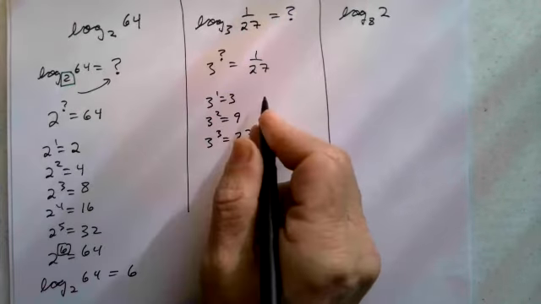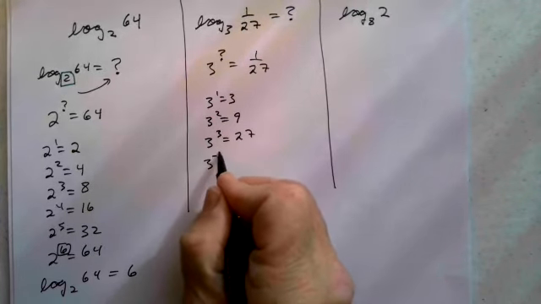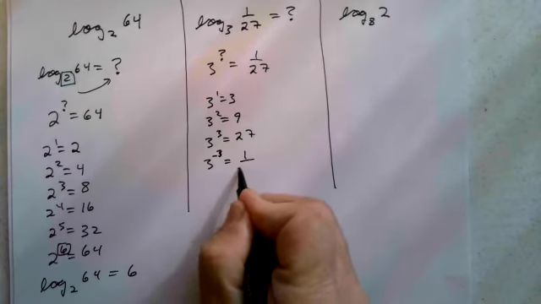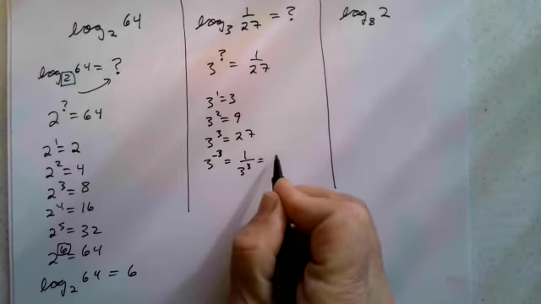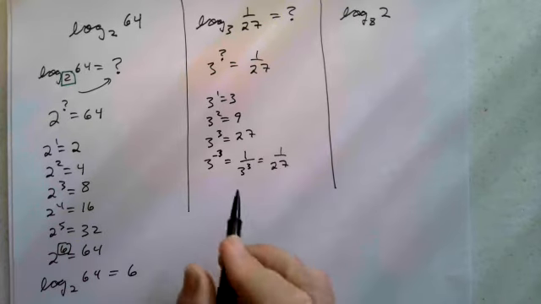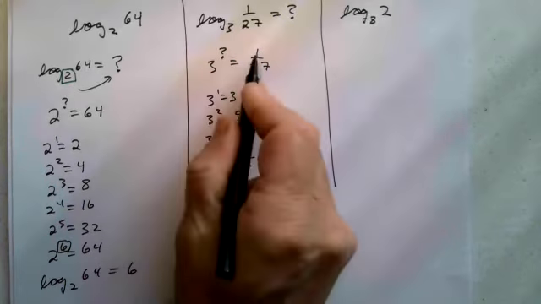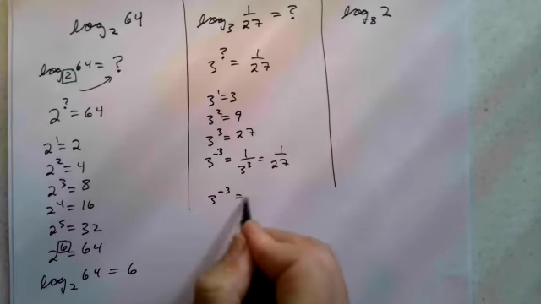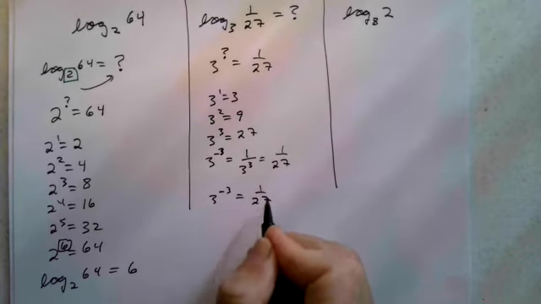So how do I get 1/27th? 3 to the negative third is 1 over 3 to the third, which is 1 over 27. So 3 to what power is 1/27th? 3 to the negative third is 1/27th.